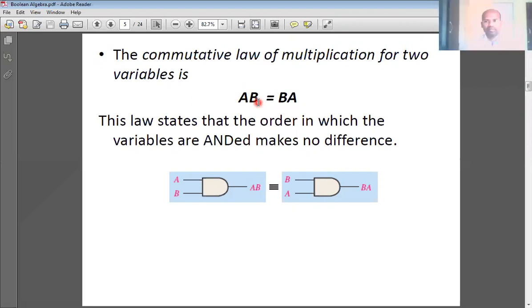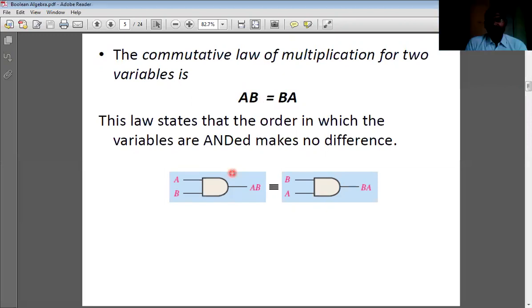And just now we have described the definition of that product. Also we said that the AND gate operation and the product operation are one and the same. So we are using an AND gate here, which produces the product result. A is one input, B is another input.